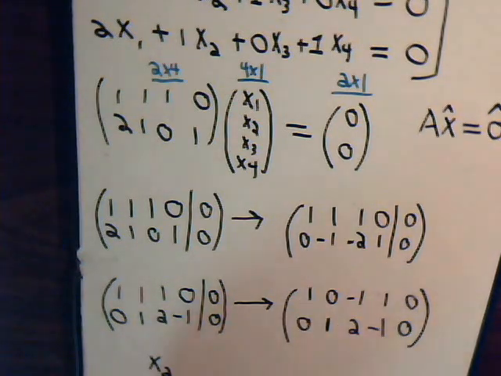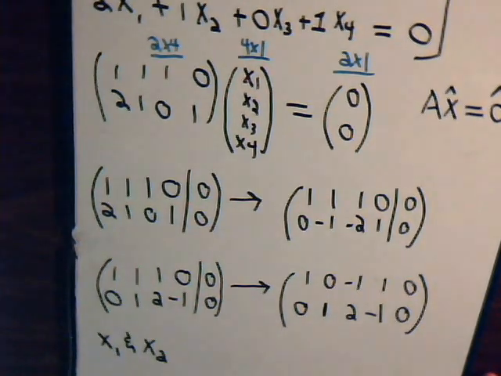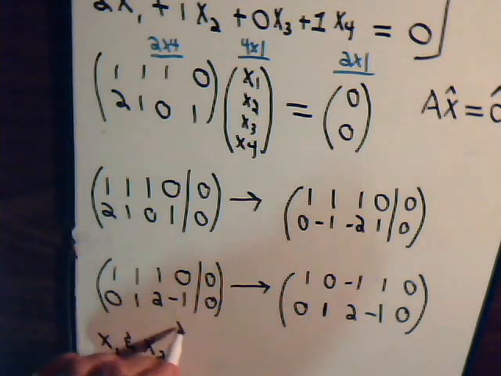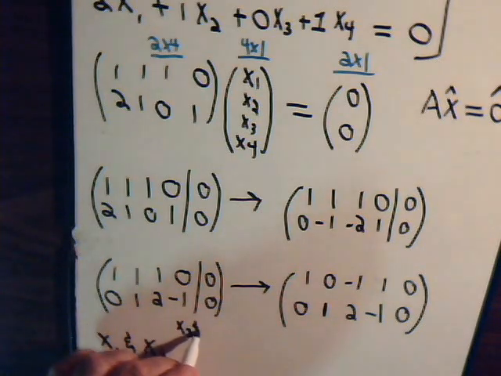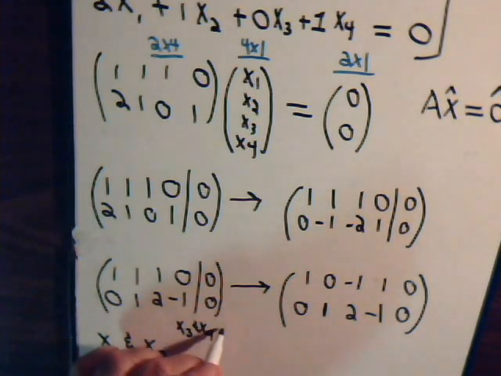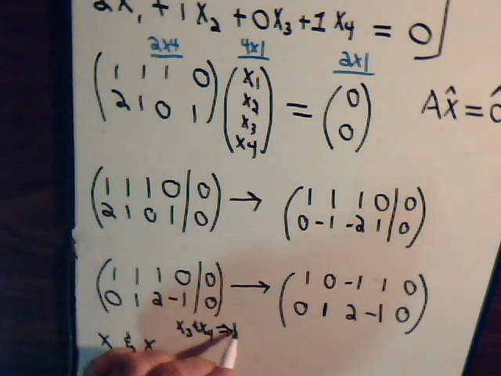And here, x1 is a lead variable. So x1 and x2 are lead variables. The leftover ones, x3 and x4, those are the free variables.